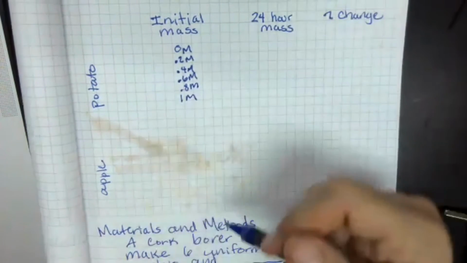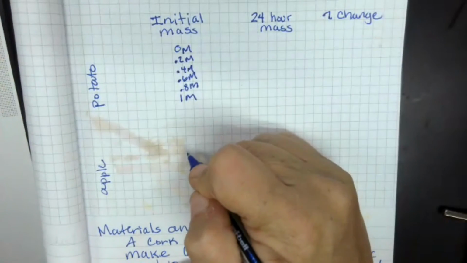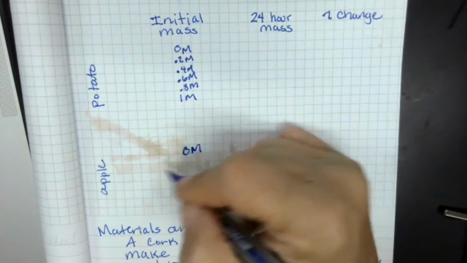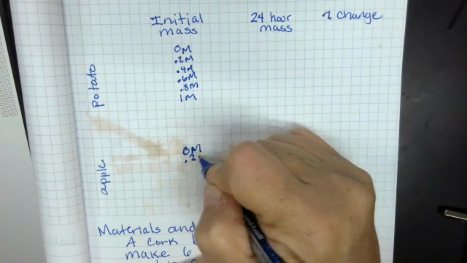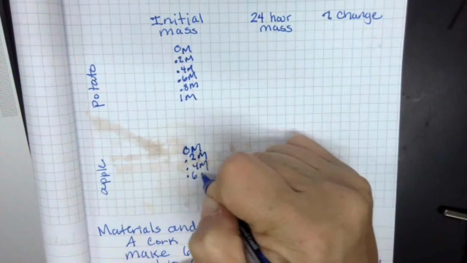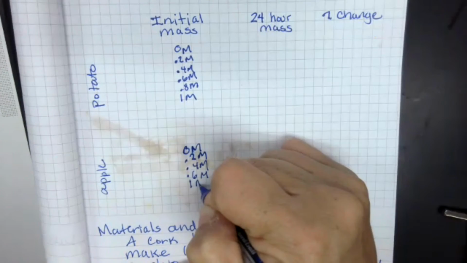Okay, that works. Maybe I left too much space here, but same thing for my apple: 0 molar, 0.2 molar, 0.4 molar, 0.6 molar, 1 molar.